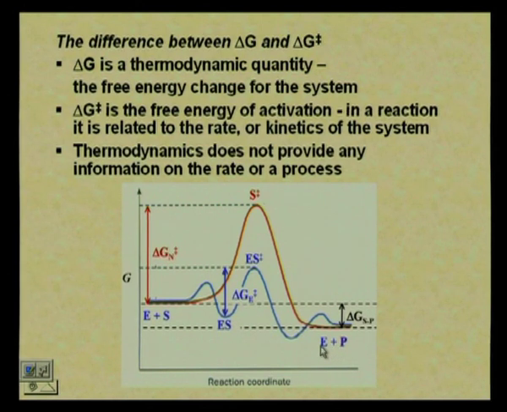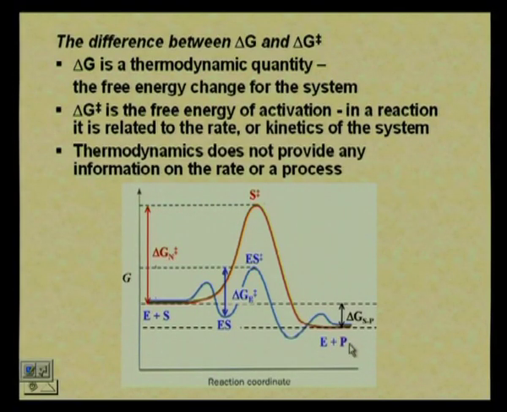What is our catalyst? Our catalyst is the enzyme. If you notice, what was the first slide that I showed you? We had A plus B going to P plus Q. What do I have here? I have E plus S going to E plus P.